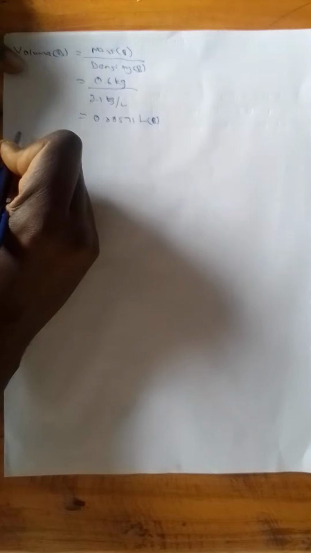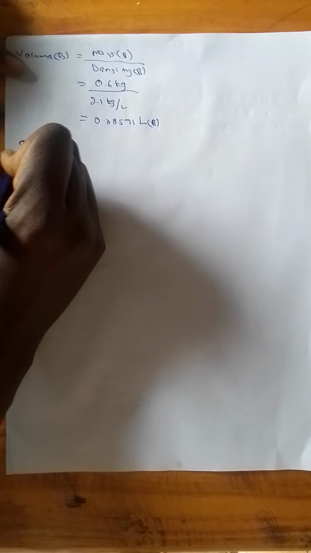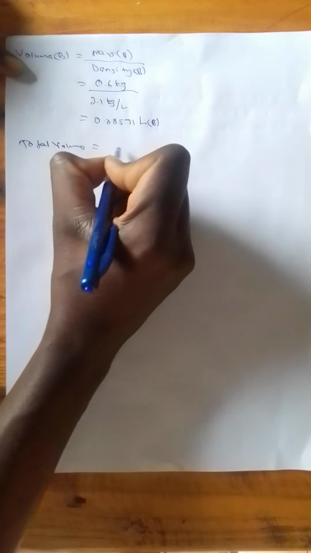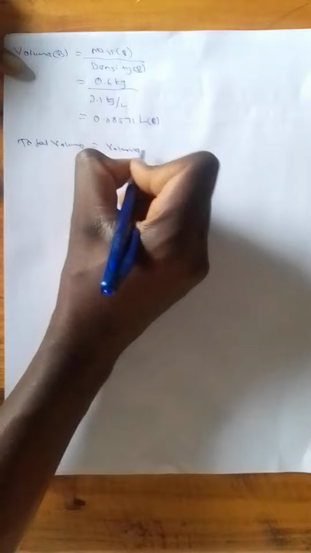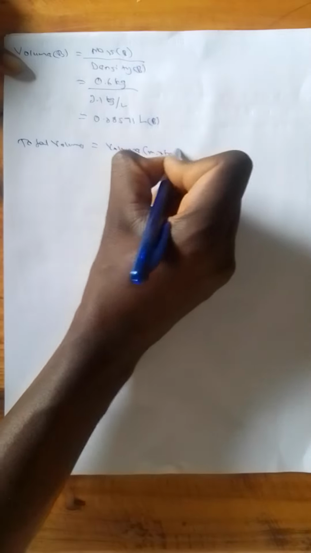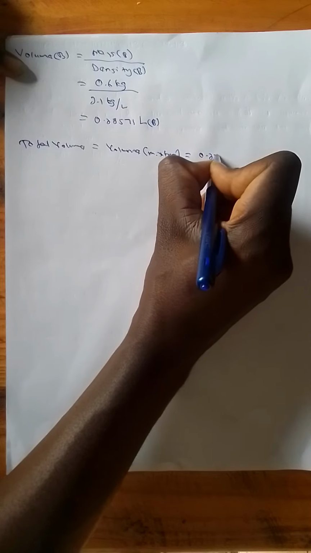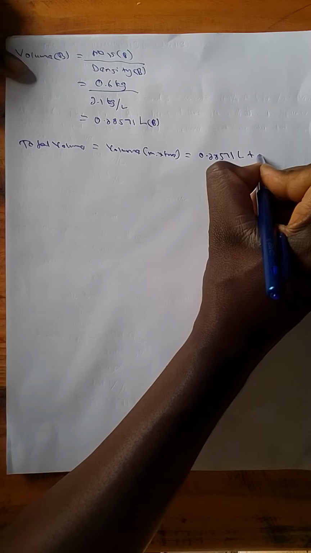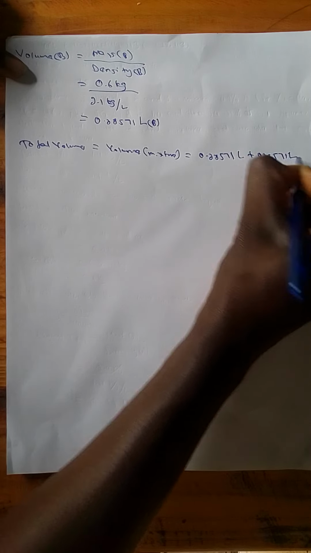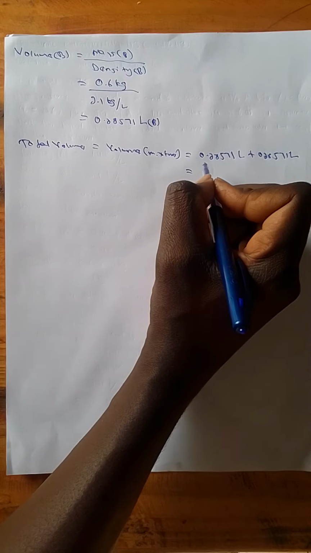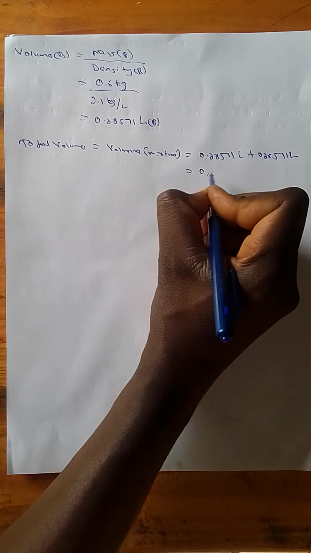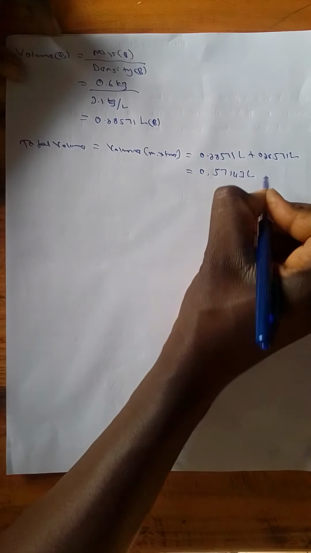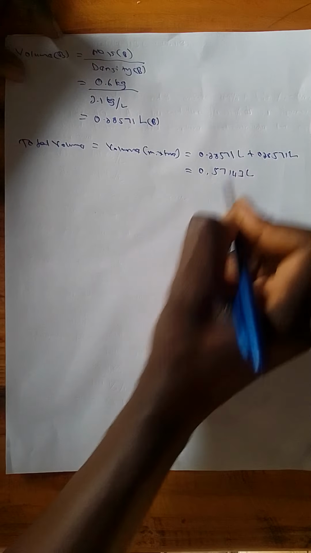Let me just say the volume of the mixture is equal to 0.28571 liters plus 0.28571 liters. Now that gives us 0.57143 liters. So this is actually the volume of the mixture.